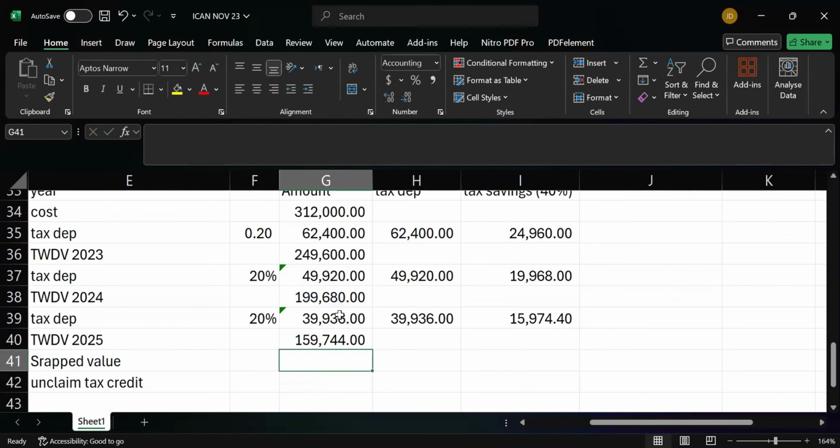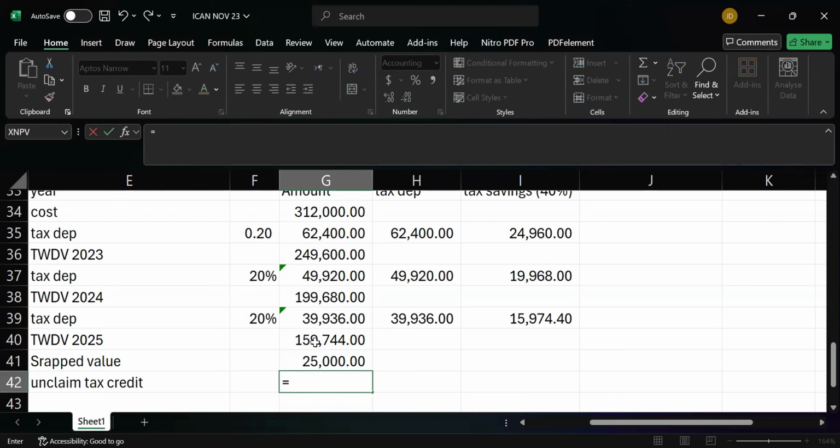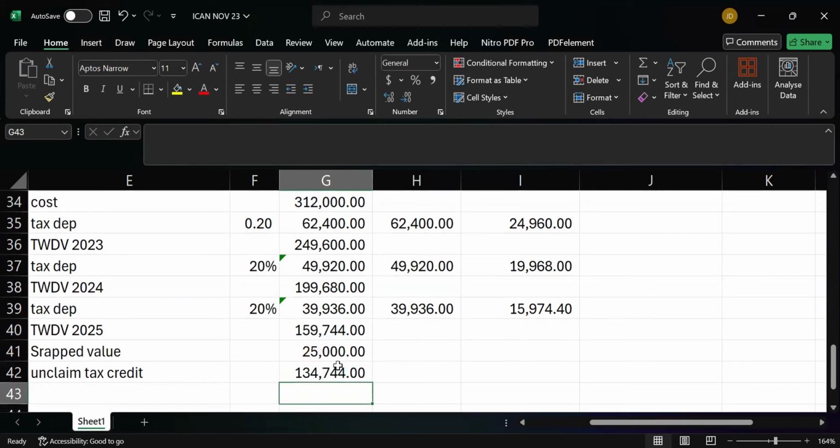Okay. So the final year, we're told that the assets will be sold for 25,000. So what will be the balance there? This minus this.